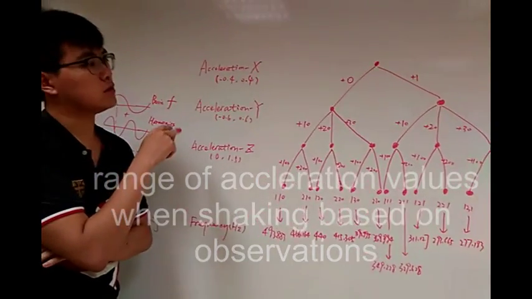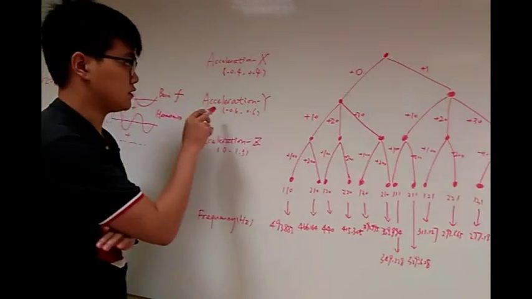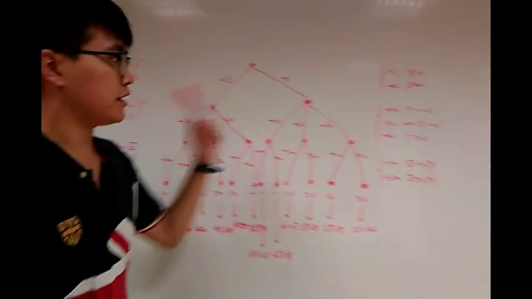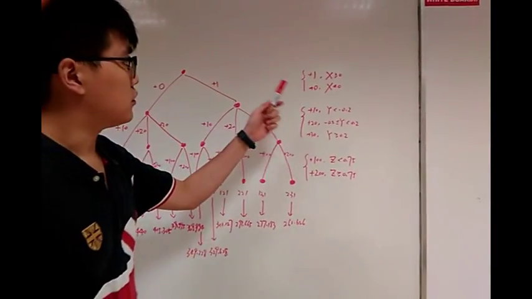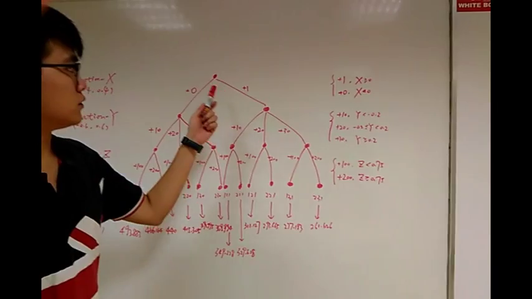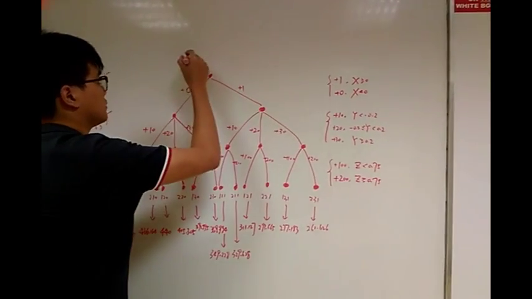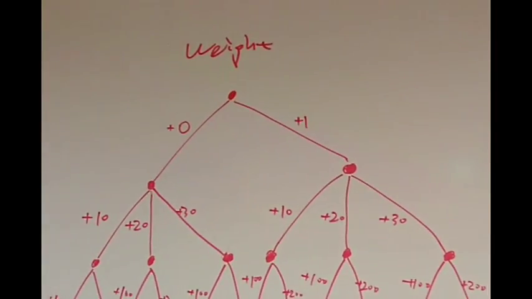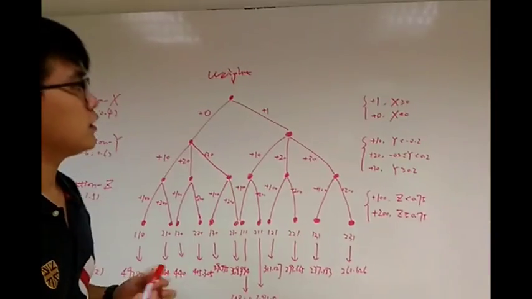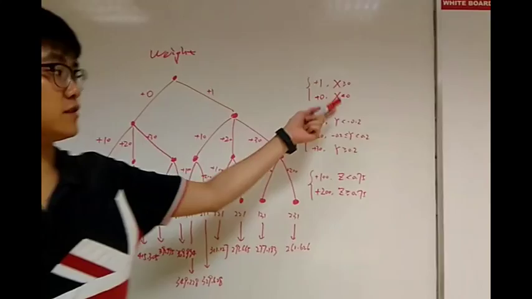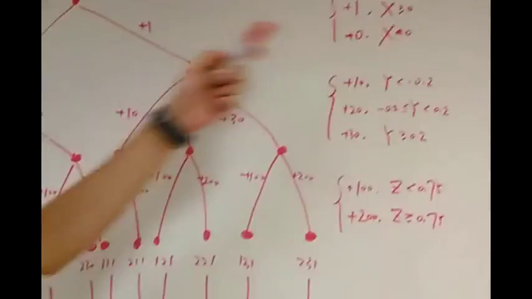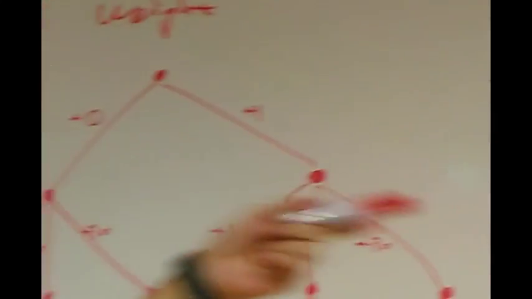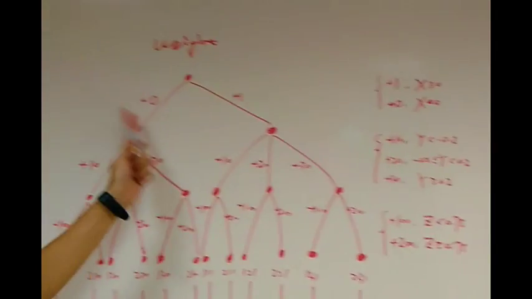If x is above 0, we add 1 to a number called the weight. At first the weight is 0. If the acceleration x is bigger than 0, the weight adds 1. If it's smaller than 0, it adds 0.